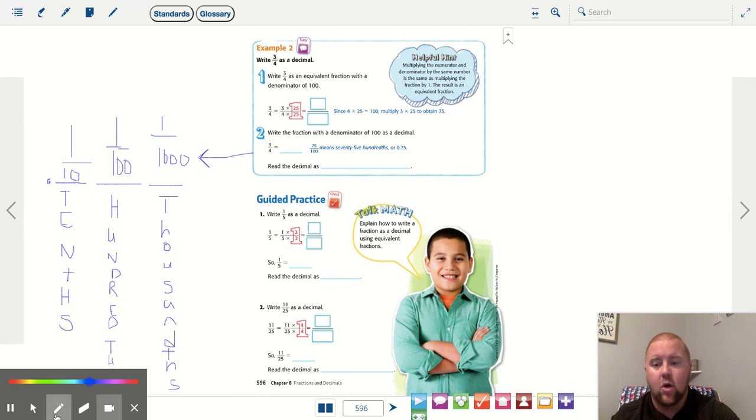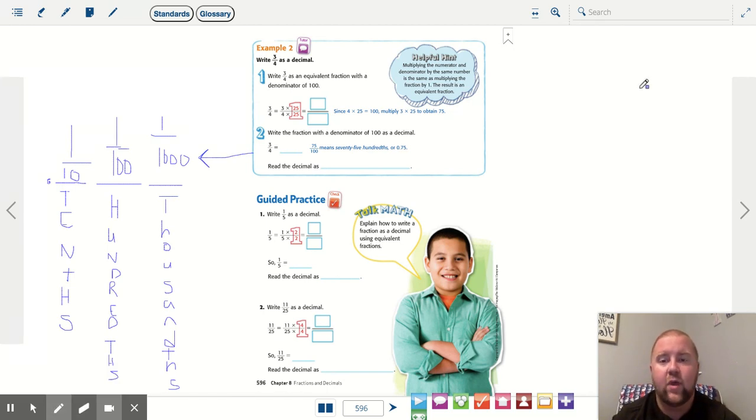So when we're looking at this next example, we have 3/4. We cannot get from 4 to 10. 4 times nothing is going to get us to 10 unless we start talking about decimals, and we're not worried about that right now. But we can get from 4 to 100, and that's what we're showing here. You multiply the 4 by 25. That's going to give you 100.